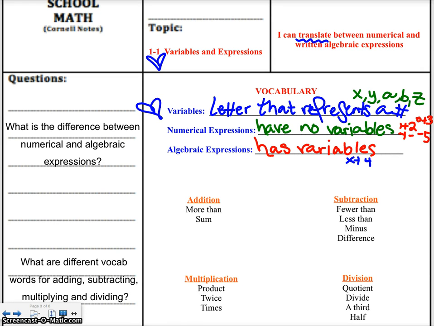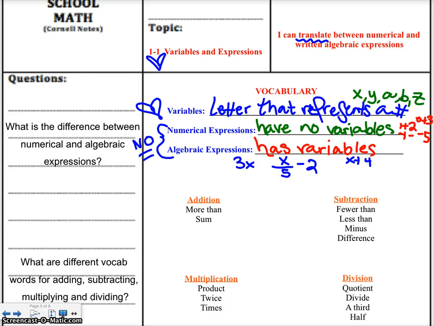It's an expression, it has a letter, a variable. 3x, that's an algebraic expression. x over 5 minus 2, that's an algebraic expression. So any kind of expression that does have a variable. Notice that expressions have no equal sign. Okay? Expressions have no equal sign. Equal signs are only with equations.